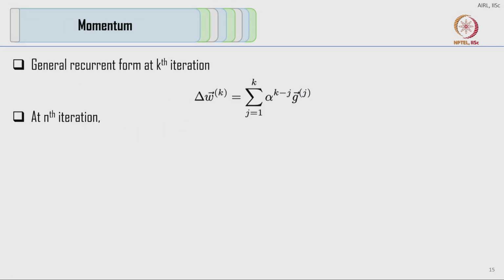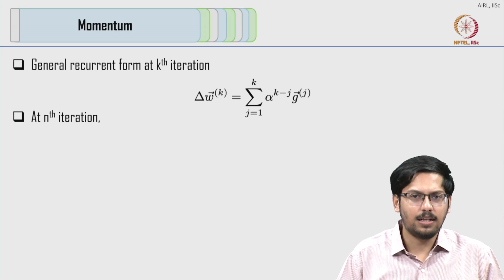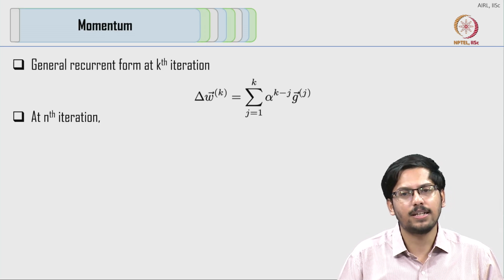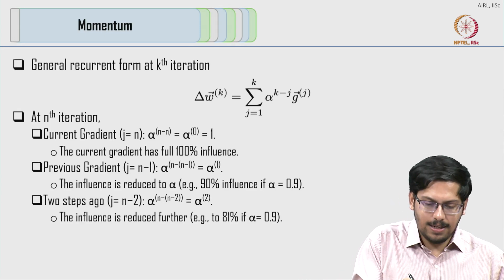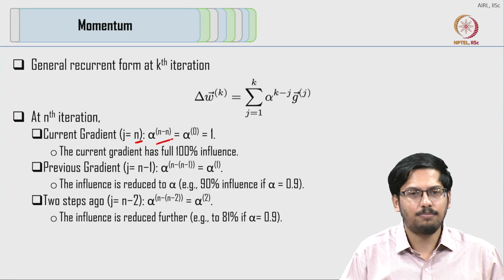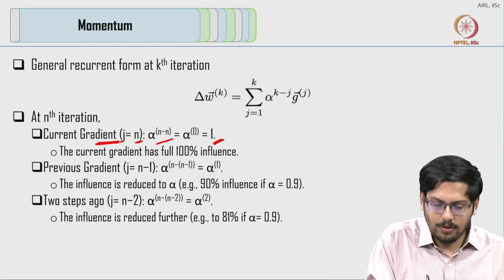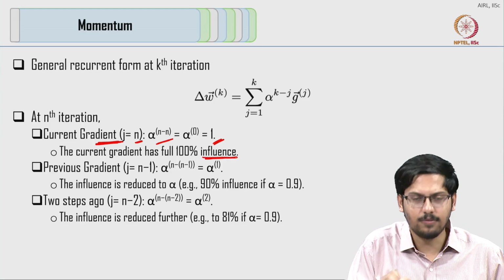Now if we follow this general recurrent form, at the nth iteration, let's look at the influence of the nth gradient, n minus 1th gradient, and so on. So for the current gradient, which is at the nth iteration, the value is alpha to the power n minus n, which is alpha to the power 0, which is 1. So the influence of the gradient for the current iteration is 100% influence.